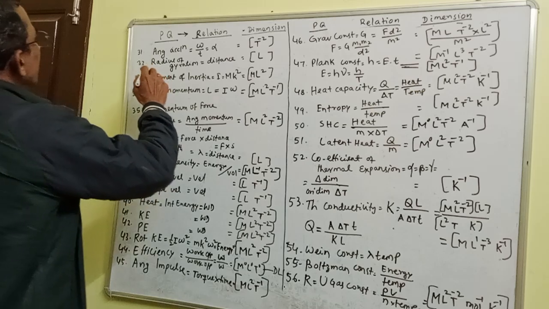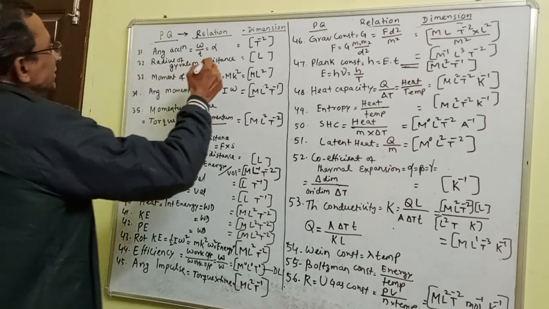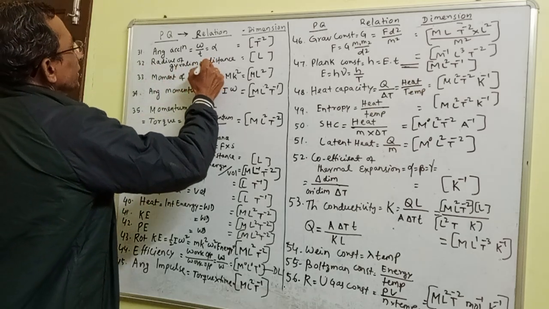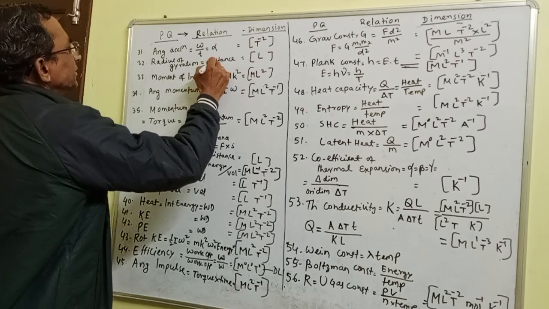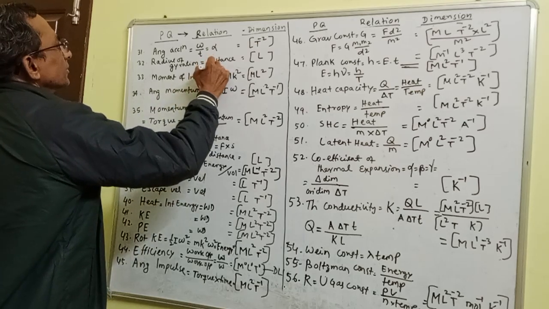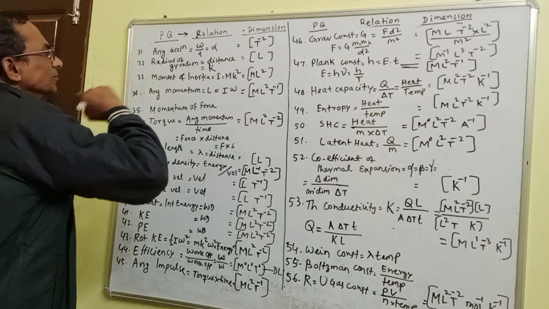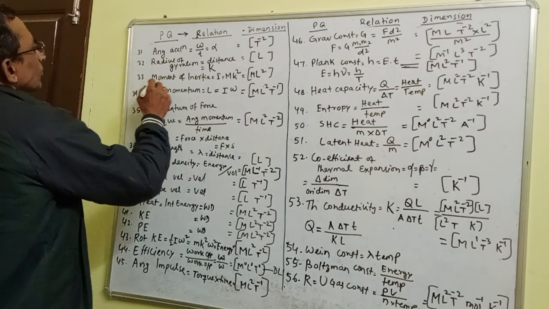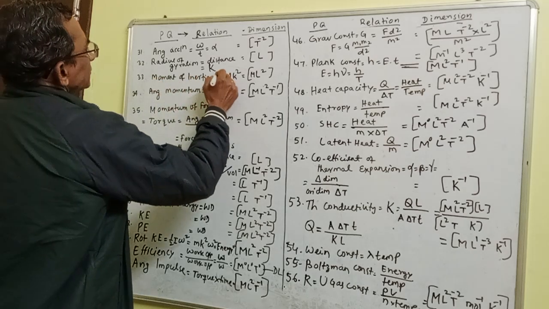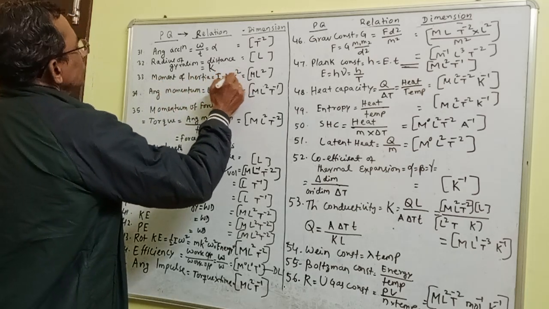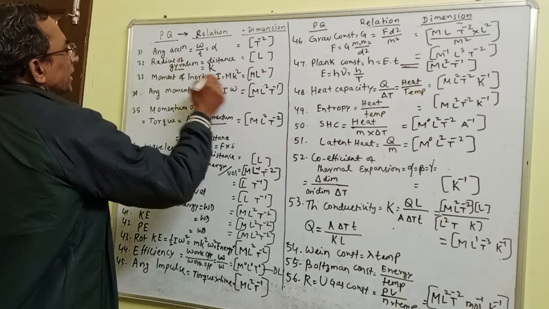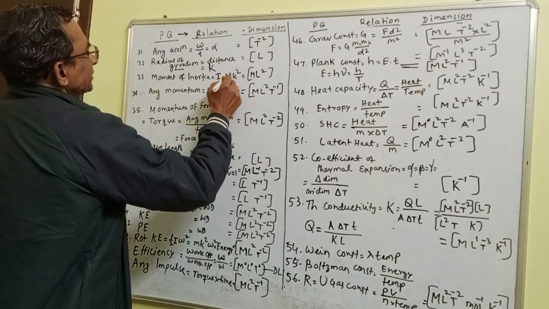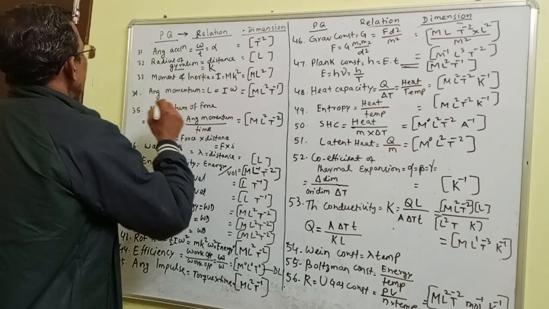Then radius of gyration, k, is the distance of the center of gyration from the axis. Moment of inertia is mass into radius of gyration square, that means mass into distance square.